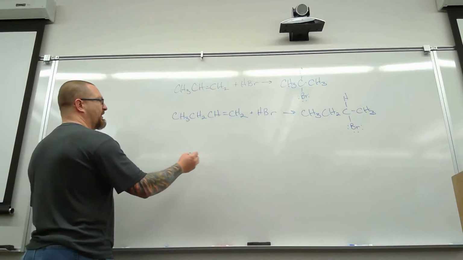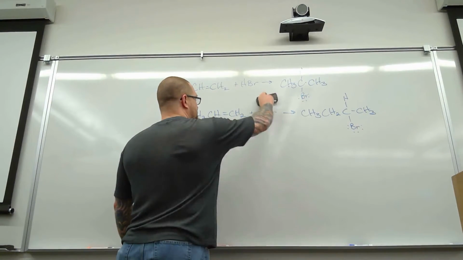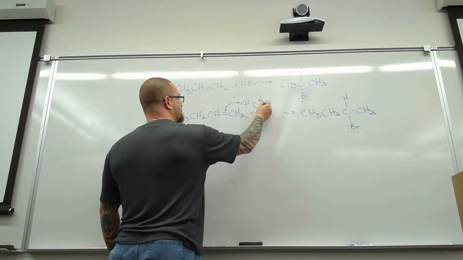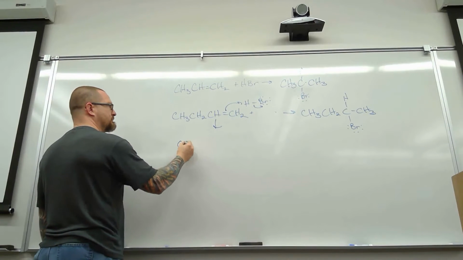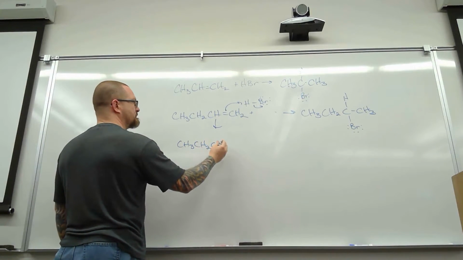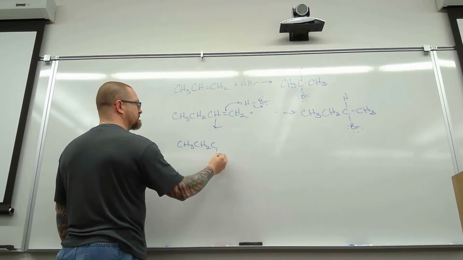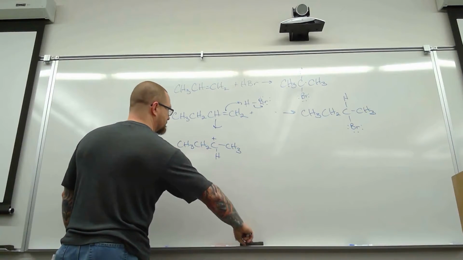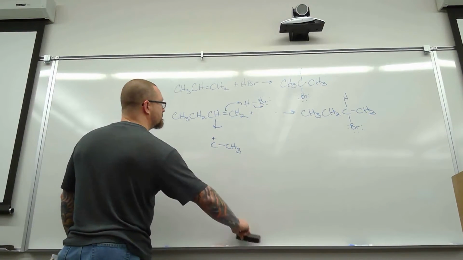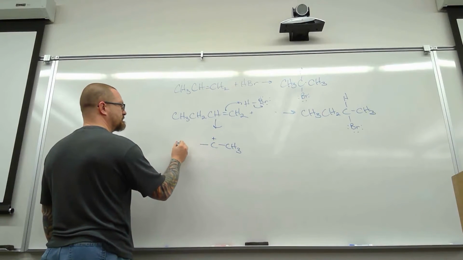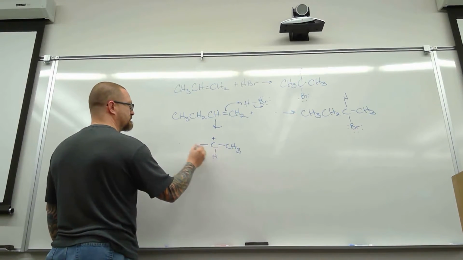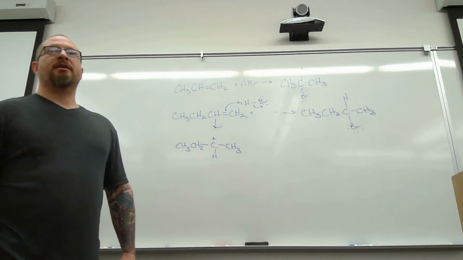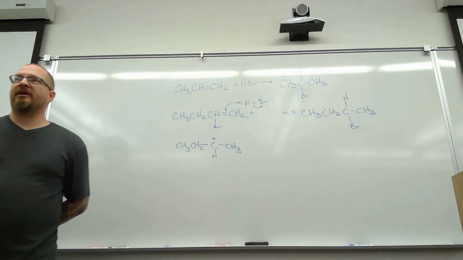The reason is because when we go into the intermediate, we have this carbocation. What kind of orbital is housing this carbocation?